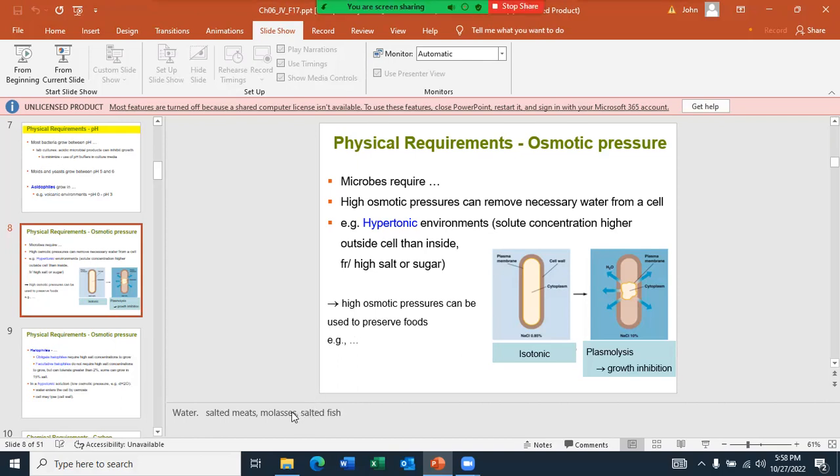But salted meat, molasses, and salted fish are examples of high osmotic pressure we use to help preserve foods. What happens under high osmotic pressure? The microorganism, like if it falls into molasses, the water will leave, the cytoplasm will shrink, so the cell membrane shrinks, causing plasmolysis.